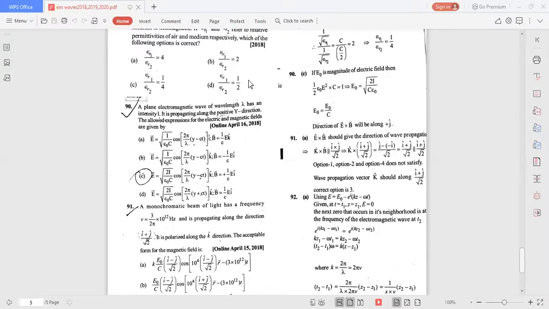From these problems, I think these are easy problems. 90th problem.